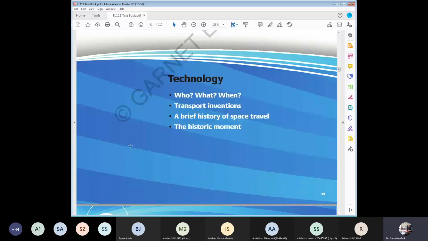So again, we're focusing on transport inventions, which means we're talking about vehicles, carriers that take us from one point to another. If you have inventions, you need to have inventors. Inventors are those pioneers, those people who started it all, who invented something, right?